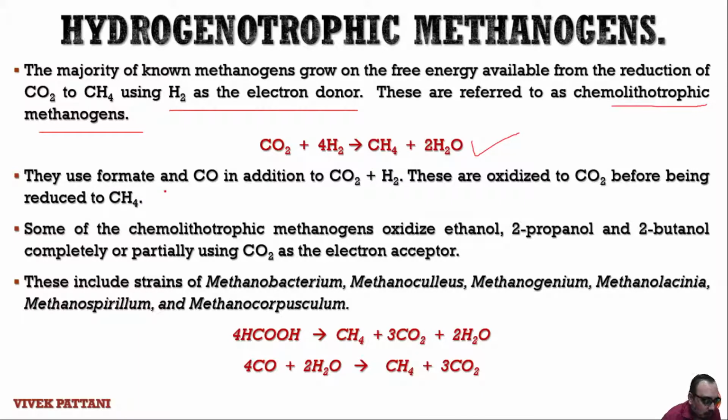They are also able to use formate and carbon monoxide in addition to carbon dioxide and hydrogen. These are oxidized to carbon dioxide before being reduced to methane. Some of the chemolithotrophic methanogens oxidize ethanol, propanol to butanol completely or partially using carbon dioxide as the electron acceptor.